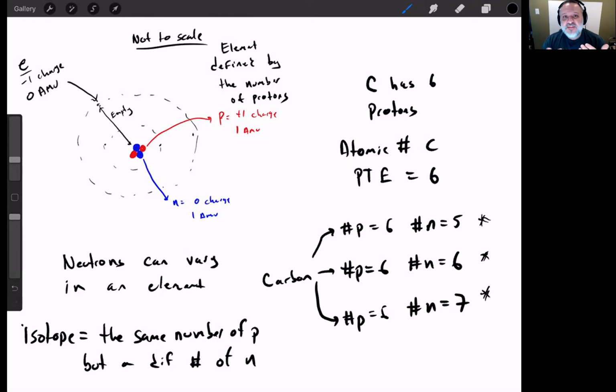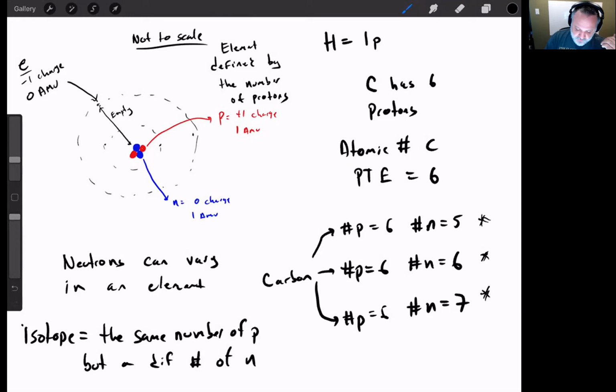Now the truth is that most every atom has a varying number of isotopes. For instance, hydrogen comes in 3 different isotopes. Hydrogen with just 1 proton in it, because if you remember, hydrogen has atomic number 1, so that means there is 1 proton.